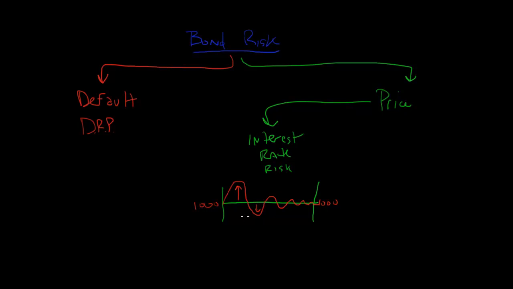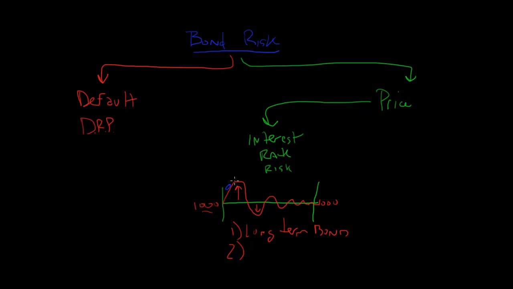There's a few things you have to think about here. Number one is that these swings here, if you notice, are larger, are farther from the par, the farther we're from maturity. So long-term bonds have higher price risk or interest rate risk. And number two, I didn't write it here, but I'll go ahead and put it on here.